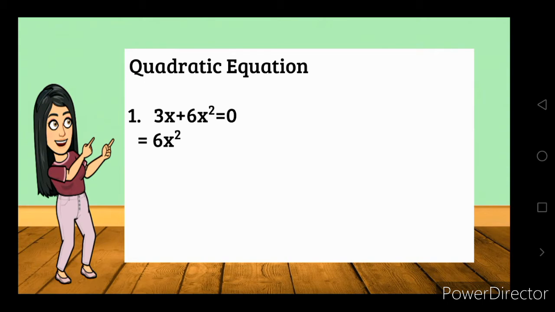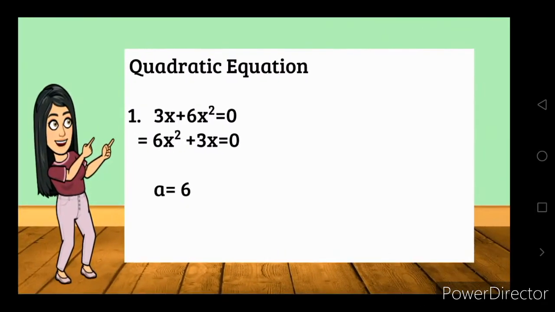The first thing is to write the quadratic term, which is 6x squared. That's why the first term is 6x squared. Then the linear term, what is the linear term? We have 3x is equal to 0. So here is the standard form of this quadratic equation.